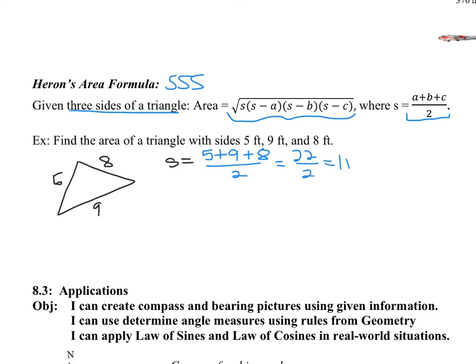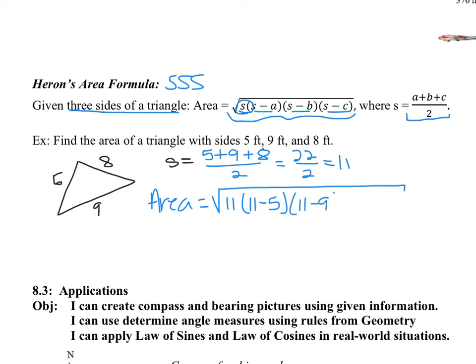S equals 11. Now to get your area formula, notice we take s minus all three side lengths, and then we multiply it by a factor of s. So our area formula, it's a big square root formula. We put 11 on the outside, and then we're going to take 11 minus those three side lengths. We'll do 11 minus 5 times 11 minus 9 times 11 minus 8.